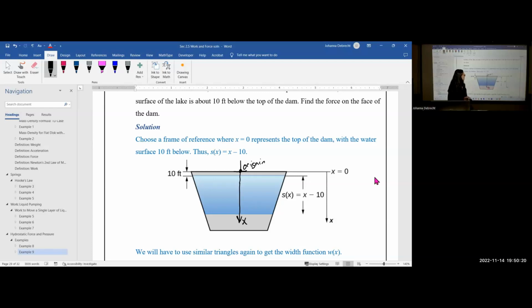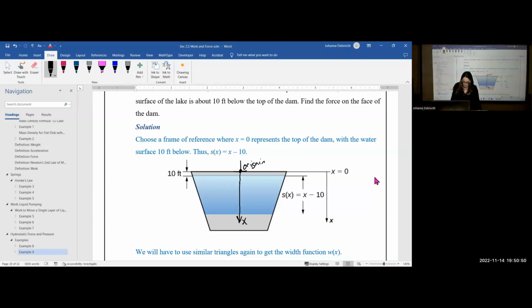I've got 1, 2, 3 coming down like this. Now I put the surface of the water to be S equal to 0. So the water then is actually X minus 10, because the water level is 10 feet below the top of the dam. I put X to be the distance from the top of the dam, and I put S to be the depth of the water, which is going to be X minus 10, right?